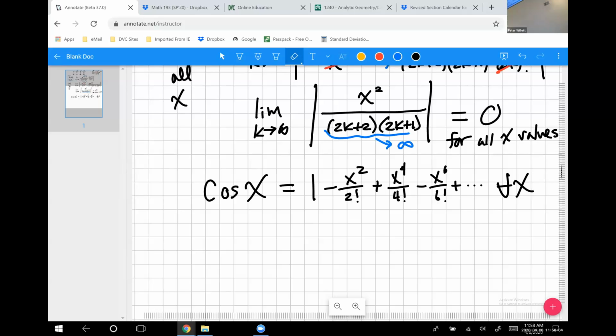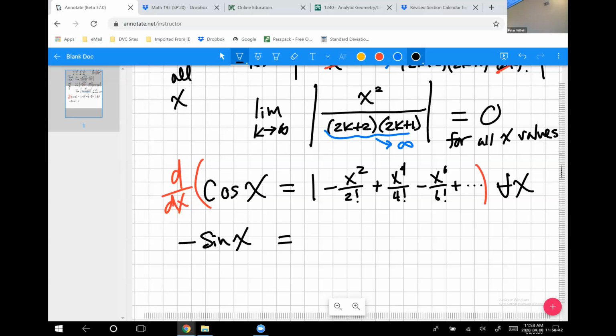Okay, well, imagine this. What if I take the derivative with respect to x? Well, what's the derivative of cosine? Minus sine. We did a polynomial approximation for sine, and we got stuff kind of like this, but with odd powers.